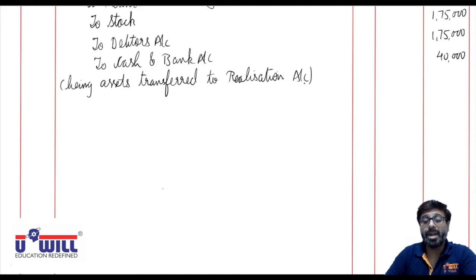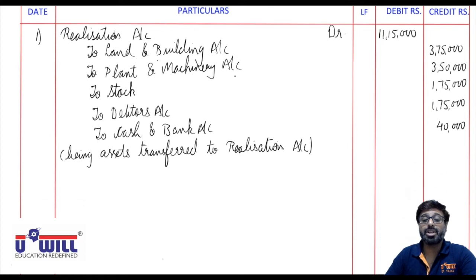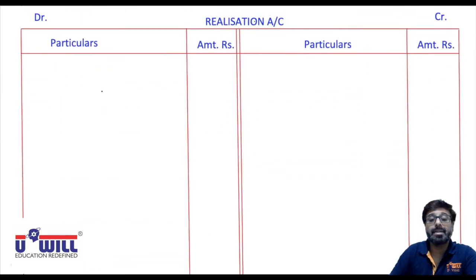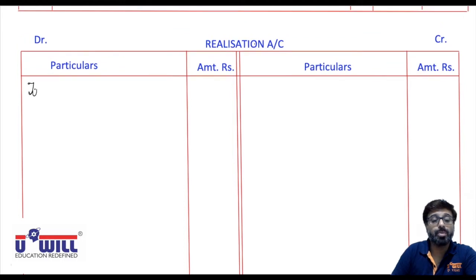Now, the entry for this realization account debit. So in the realization account, we will write on the debit side the opposite account to the assets account.